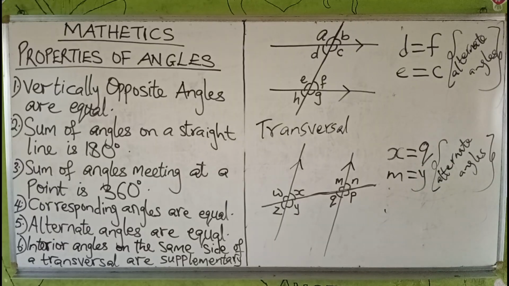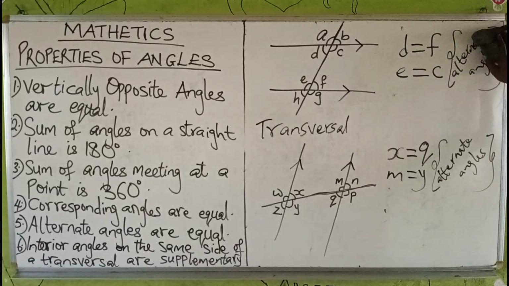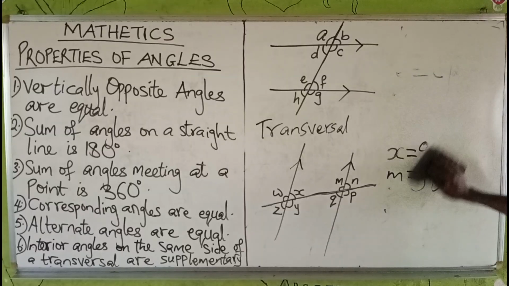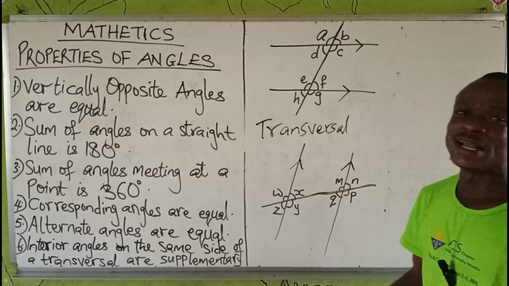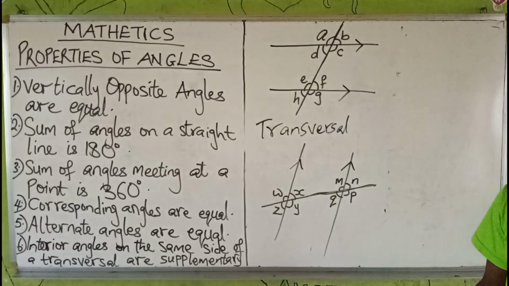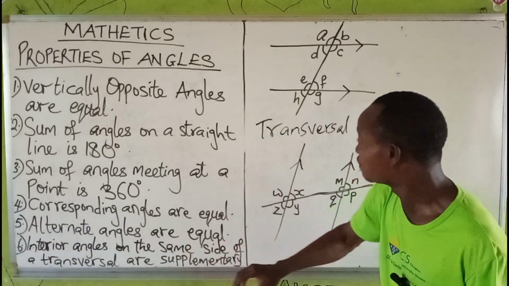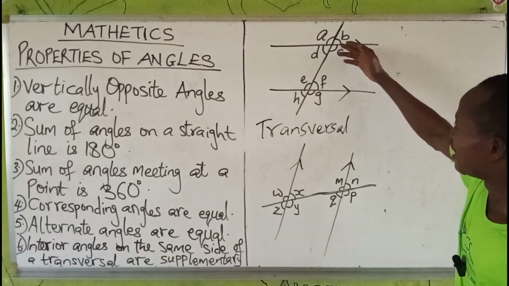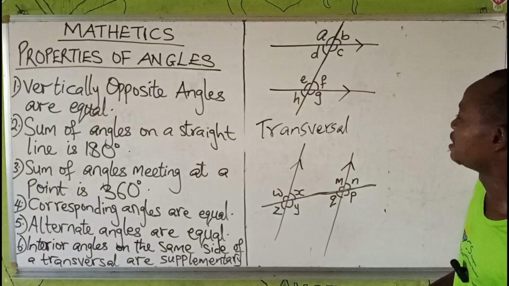Now, the last theorem on the board is the theorem of the interior angles on the same side of a transversal. And the theorem says that they are supplementary. Angles are said to be supplementary when they add up to 180 degrees. What that means is, since it is interior angles on the same side of a transversal, this is the transversal, and the interior angles are D, C, E, and F again, like in the case of alternate angles.